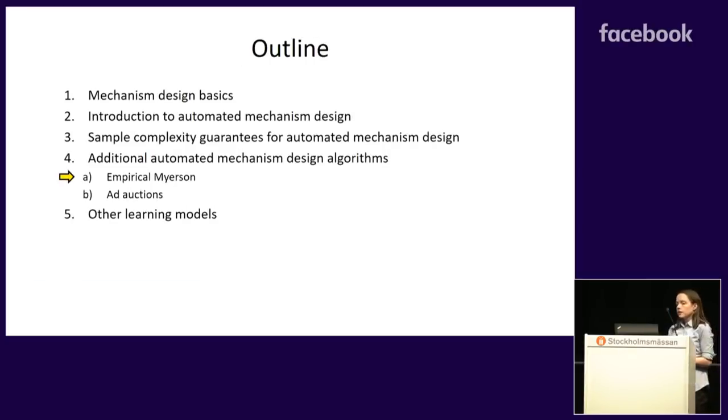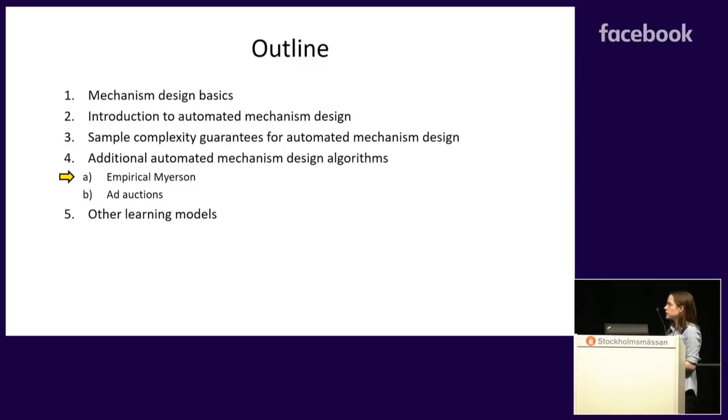Okay, so that's all we have for these theoretical guarantees for automated mechanism design. Now I want to talk about a few special purpose algorithms for automated mechanism design, specifically for the single item case and also for ad auctions.